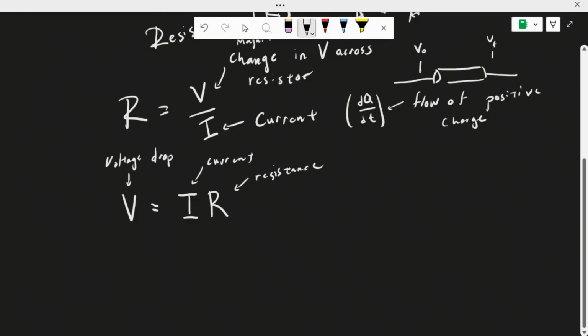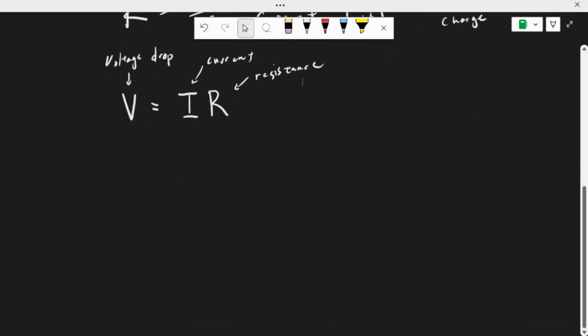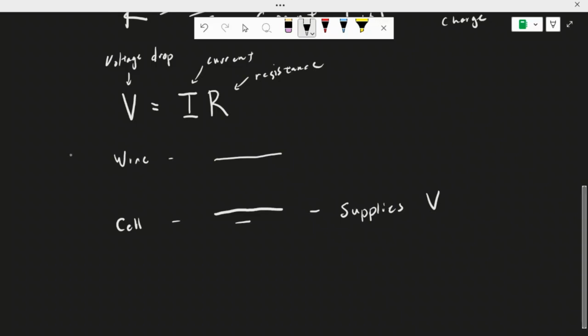Okay. So what I can figure out is if I have some circuit, this is a battery, or this is actually a cell. Why don't we go over the symbols first. So a cell is something that supplies some voltage. A wire is just a straight line. And this we will assume is a perfect conductor.